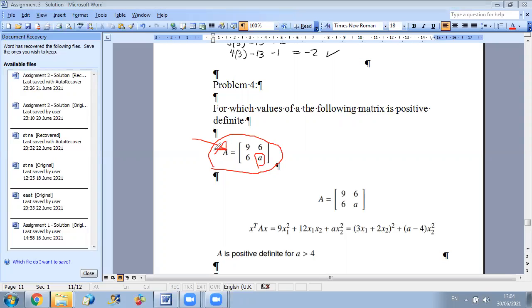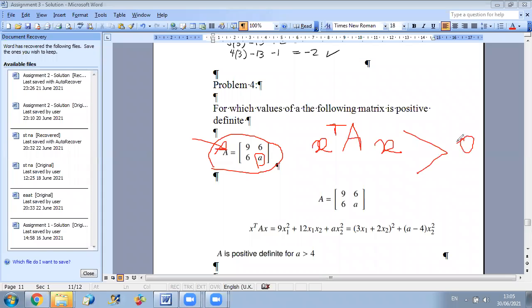So if we go back to the definition, when we say to demonstrate that A is positive definite, this means that for any vector x different than 0, because if x is 0, x transpose times A times x will be 0. So the rule is that for any such vector, x transpose times A times x is positive.